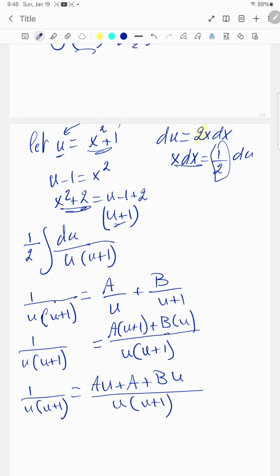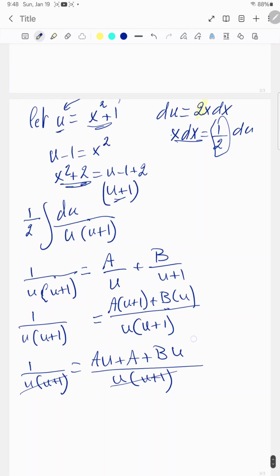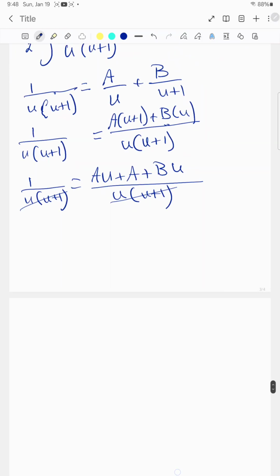Because I have the same denominator on the left-hand side and the right-hand side of my equation, I can cancel it out. So my equation becomes 1 equals, and then here I can factor out u: (a plus b) times u, plus a.